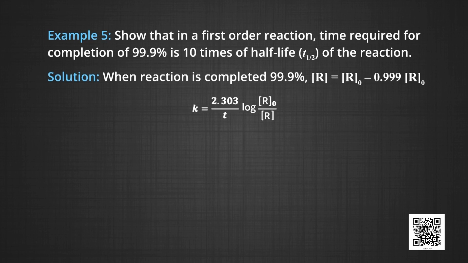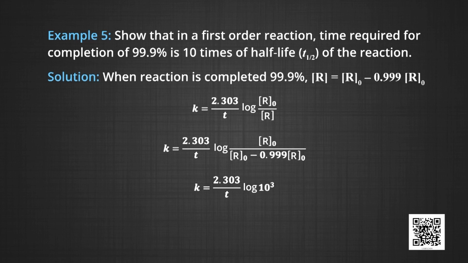K is equals to 2.303 by T log R naught upon R. Now K is equals to 2.303 by T log R naught divided by R naught minus 0.999 R naught. Solving it, K is equals to 2.303 divided by T log 10 raised to power 3. The expression will come out to be T is equals to 6.909 by K.